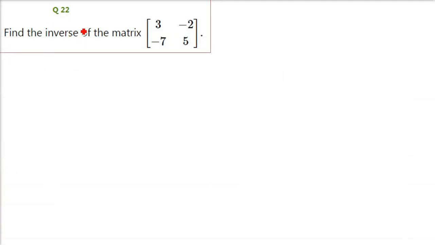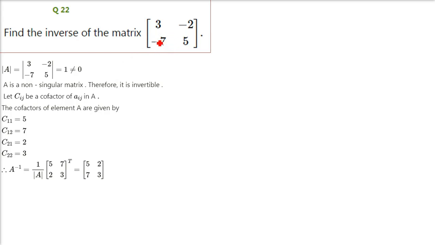Find the inverse of the matrix. There are various methods we have already discussed, and we have a shortcut method as well. Since the determinant is 1, the adjoint actually becomes equal to A inverse. Otherwise it would be different. So what do we do? We exchange the 5 and 3.